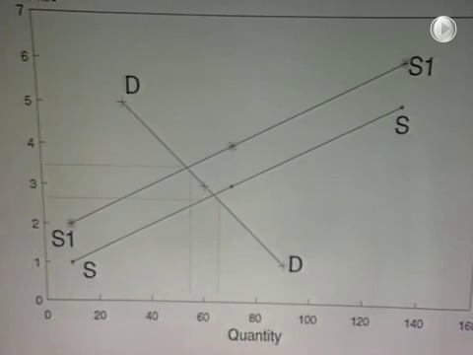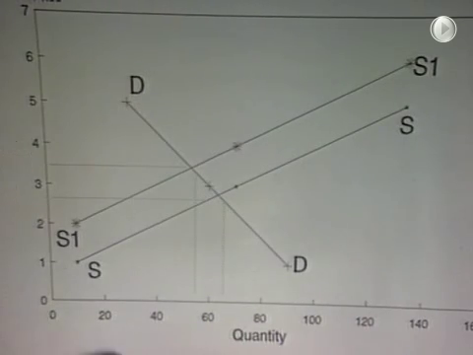So we have a shift in the supply curve upwards. As you can see here, when that happens, we effectively get a new market clearing equilibrium involving a higher price than initially and a lower quantity than initially.